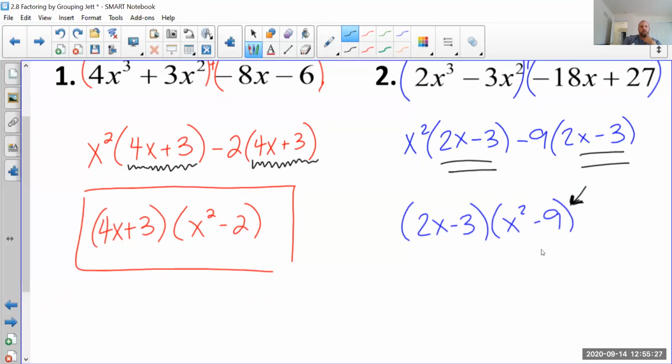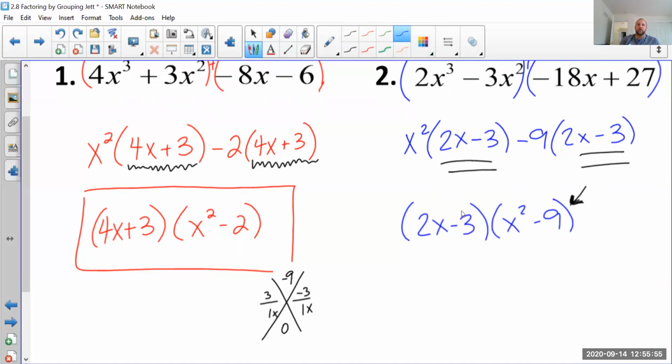I can actually factor this. Okay, if I wanted to do it using this, I would say negative 9, 0, which would be positive 3, negative 3. So this actually, we have to go a little bit further with this problem because this continues to factor.